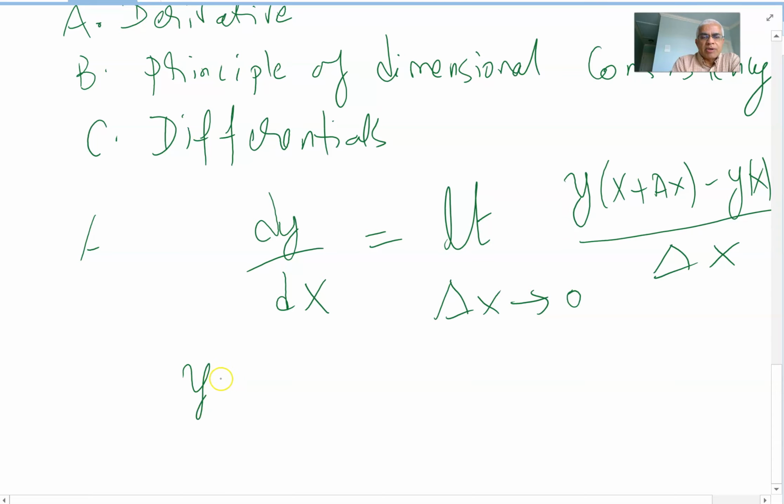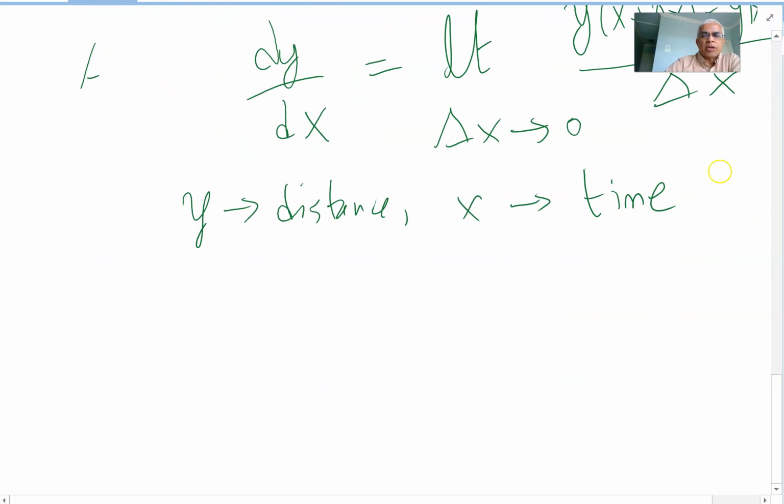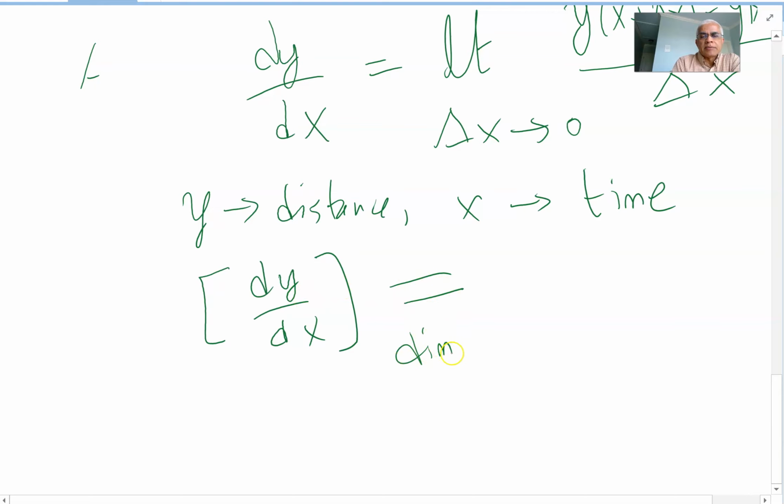For instance, if y were distance and if x is a unit of time, then the quantity dy dx will have the appropriate units. And the way I would denote that is, so this symbol means the dimensions of. So you want to read this as dimensions of whatever is inside the parentheses.